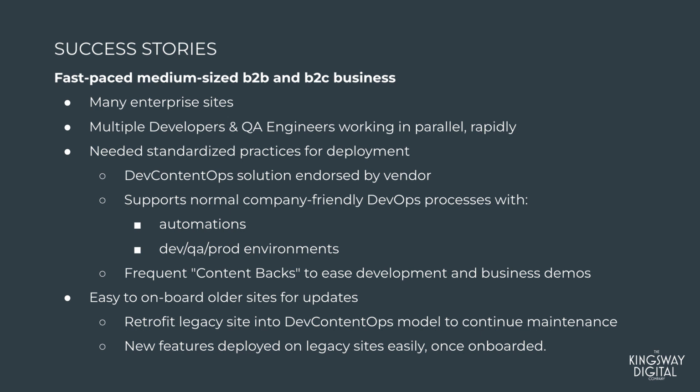DevContentOps is the process that we adopted. We have incorporated automations into this process, along with multiple environments, different kinds of automations, and different kinds of checks and validations through the course of all of the environments on this system. That has worked very smoothly to ensure that the teams are able to manage multiple sites cleanly and in a consistent manner.